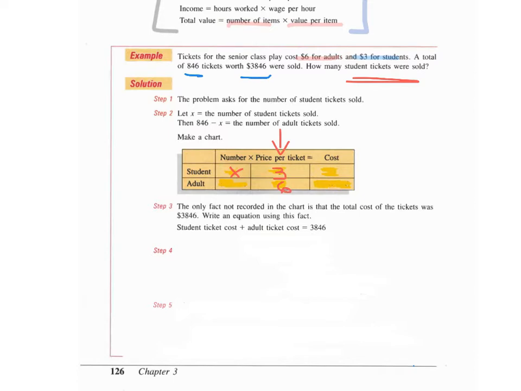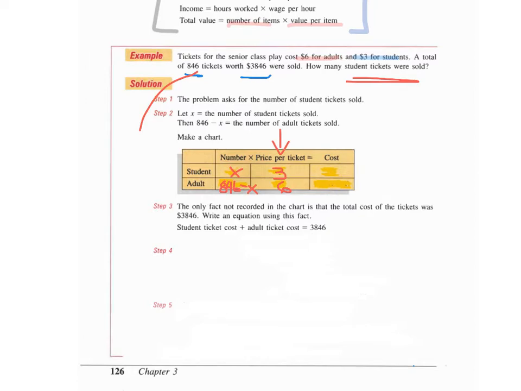Now, we also know that we sold a total of 846 tickets. So to get the number of adult tickets, what we're going to do is take that total and subtract the number of student tickets. So that's going to be in terms of our variable X. So we're going to write that 846 minus X.